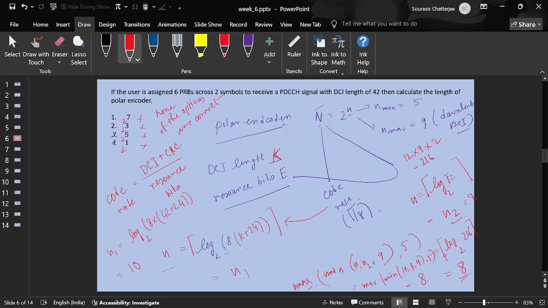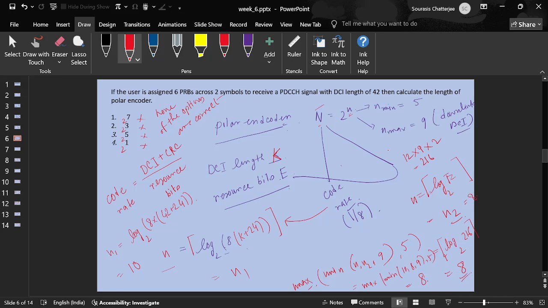N1 is the value you get if the polar encoder length depends only on code rate. That is, you have the CRC appended DCI length as 66, then we have to generate 1024 bits to satisfy the mother code rate, and that is how we get n1. But that's not your answer, that is one value you just keep. And n2 is the number based on the number of resource bits allocated to you, that is 216.